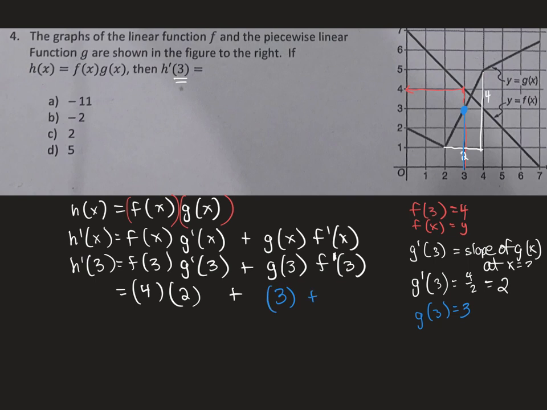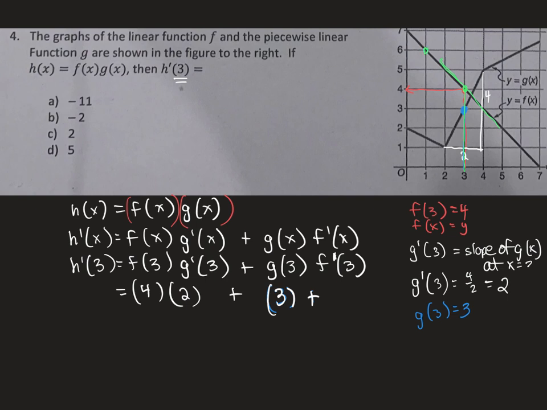And then finally, we have f prime at 3, which means we need to find the slope of the tangent line on the f graph. So the f graph is this line that goes down and to the right, and it's a continuous, straight line. So really the slope at 3 would be the same as the slope between any 2 points. So we just have to pick 2 points.